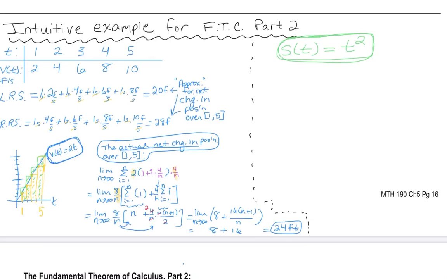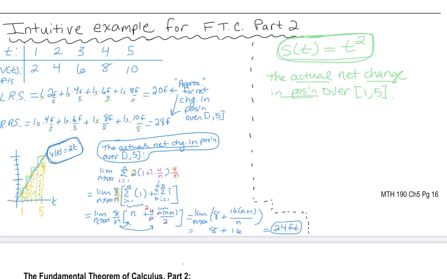Now, I have another way to find the change in position. If I actually have the position function, which I do, so if I wanted to find, once again, the actual net change in position, then again over the interval from 1 to 5.